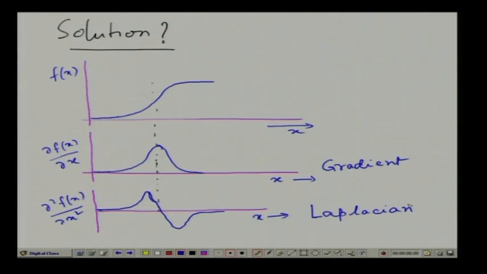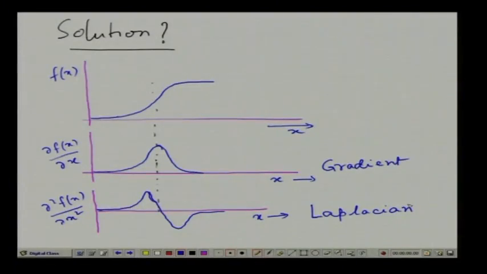So, we have seen earlier that an estimate of the edge points can be obtained from the gradient operator and from the Laplacian operator. And we have discussed earlier that the Laplacian operator is affected to a large extent by the presence of noise. So, the output of the Laplacian operator is not directly used for edge detection purpose, but it is used to provide secondary information.